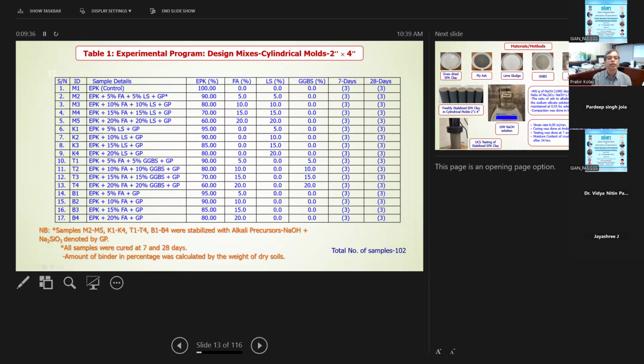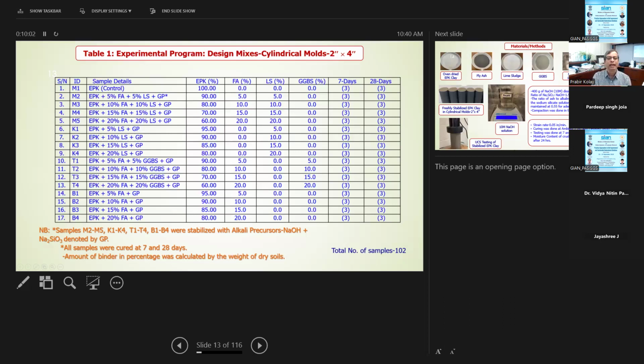Then we used EPK clay plus 5% fly ash, 5% lime sludge, and GP, which is the geopolymer. So we added the sodium hydroxide and sodium silicate solution, and then the 5% fly ash and 5% lime sludge. The second one, M3, is EPK clay plus 10% lime sludge, 10% fly ash, and geopolymer.